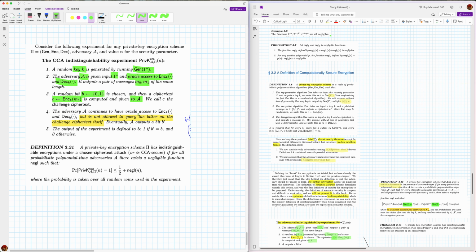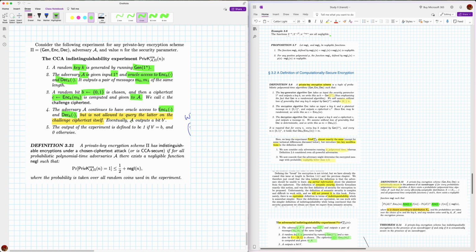The adversary continues to get access to the encryption oracle and the decryption oracle, with the only constraint being that the decryption oracle cannot be queried on the challenge ciphertext itself. Eventually A outputs the bit b prime, and the output of the experiment is 1 if b prime matches b, because that's what the adversary was trying to guess.